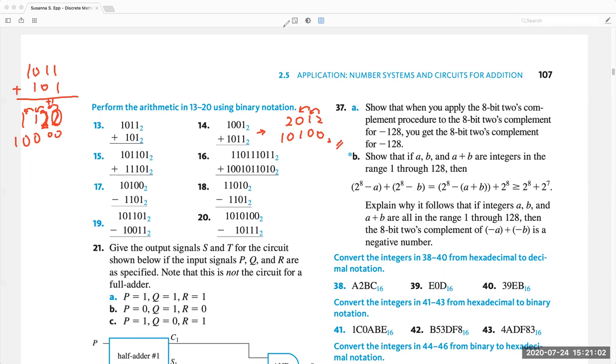But for subtraction, you do something similar, but it may be a little bit more difficult. Let's say 10 minus 1 gives you 1. Actually, 10 means 2.